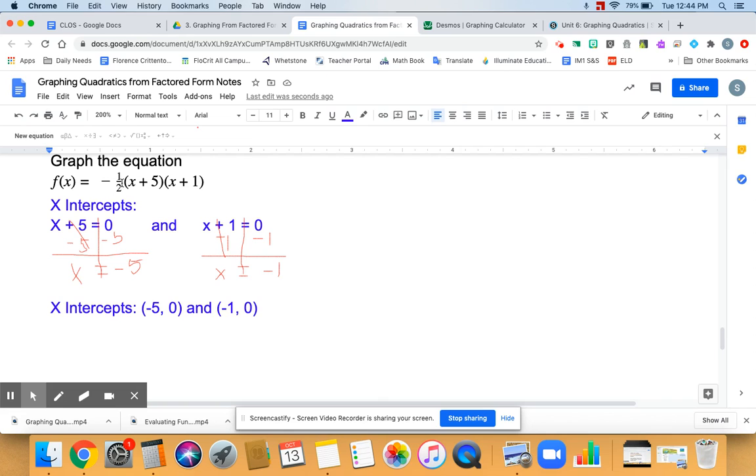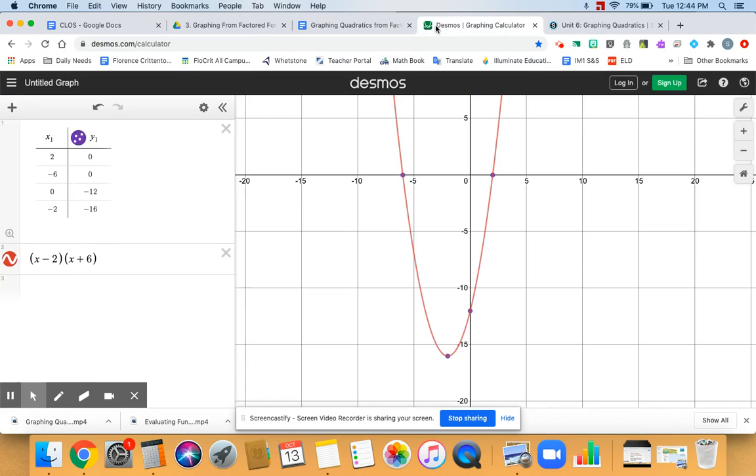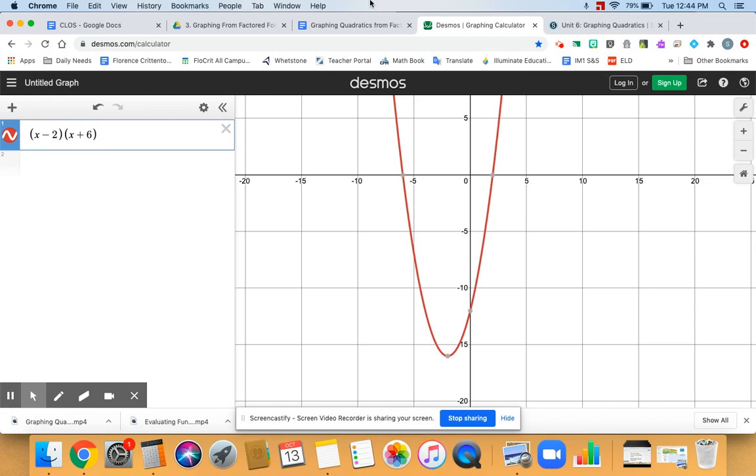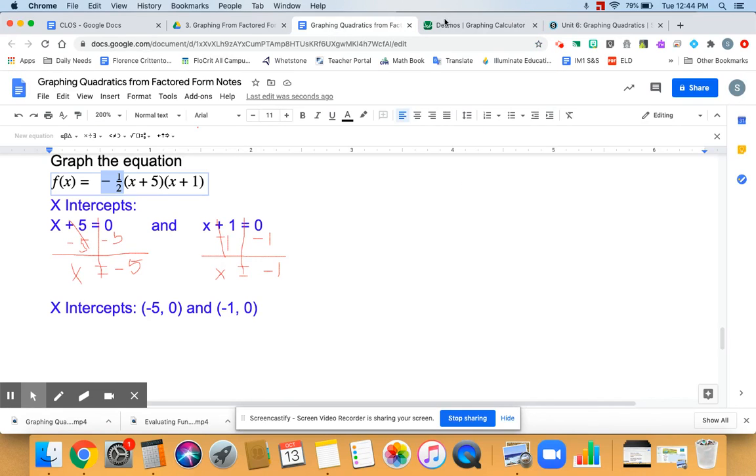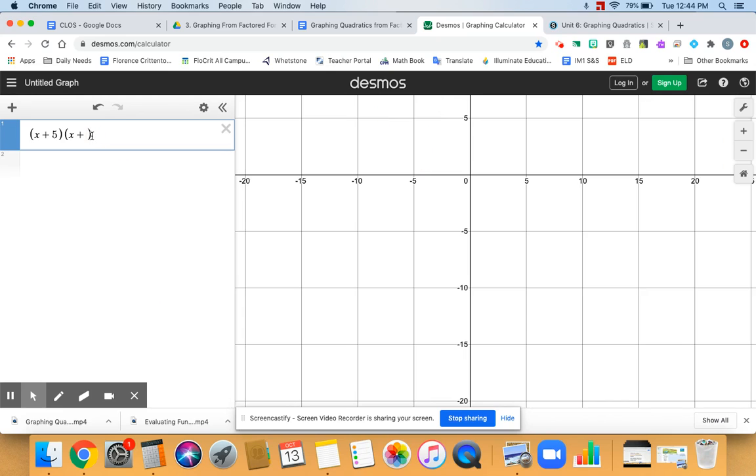And then just to prove to you that this 1/2 doesn't matter, my equation right now is of x plus 5 and x plus 1. And if I put minus 5 in here, the answer is going to be 0 because this part's 0. Negative 5 plus 5 is 0.